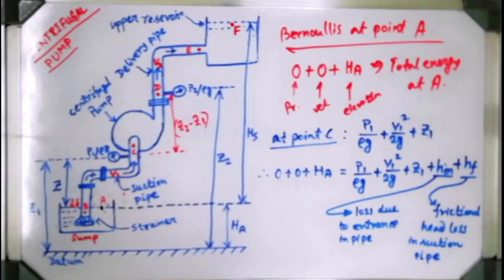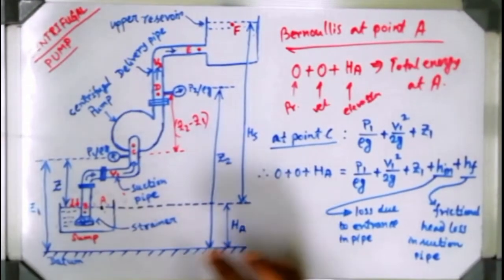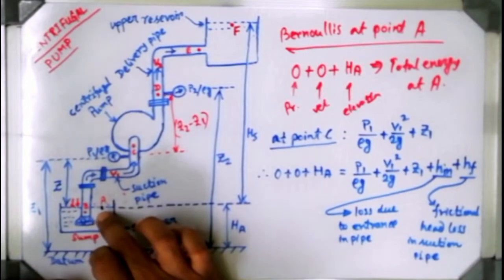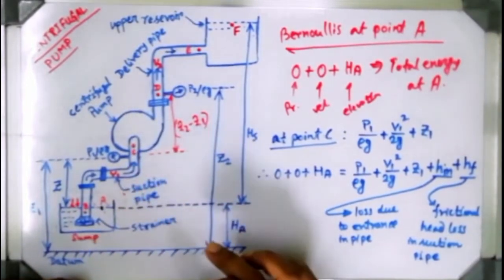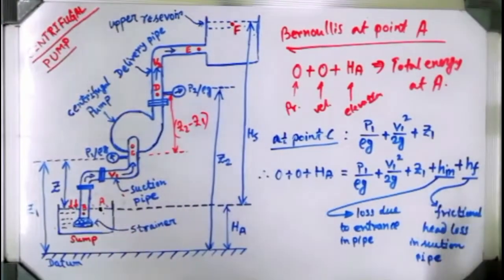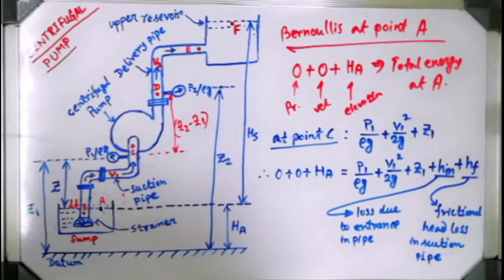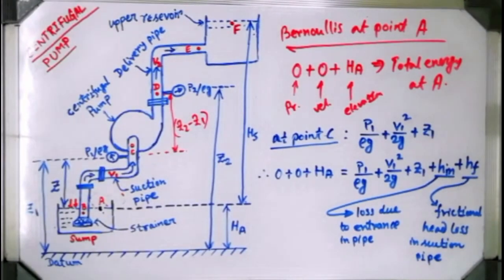That is said already, we know from Bernoulli's theorem. So the total energy at point A and total energy at point C will remain the same. Inlet total energy and outlet total energy are equal.